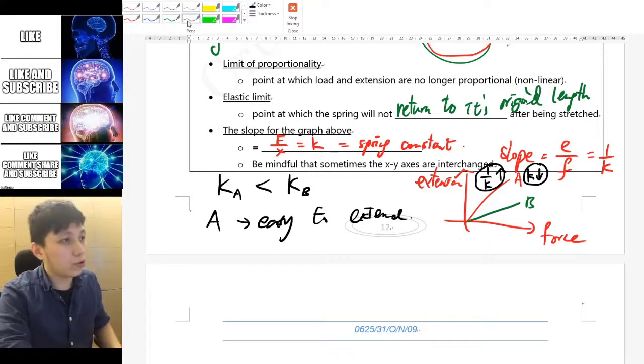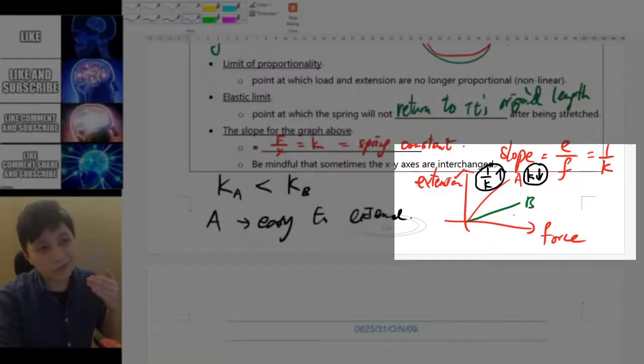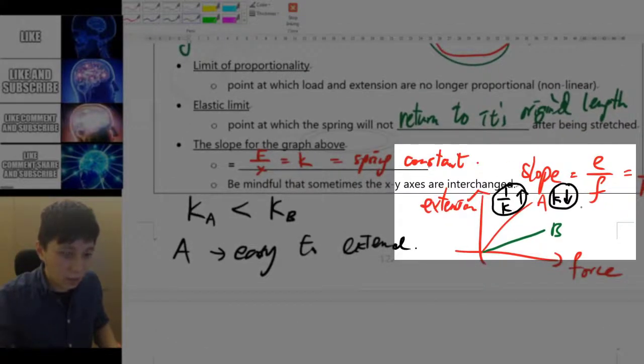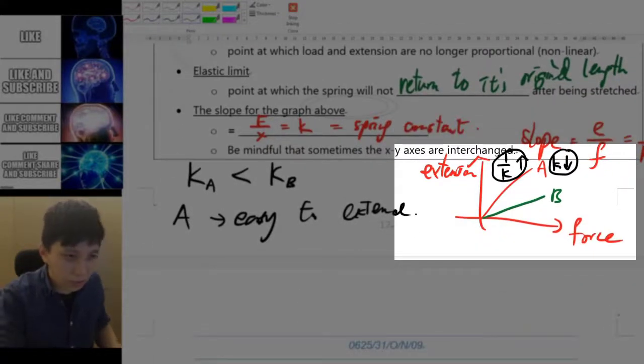The other approach which you can do is just simply look at the graph. Let me zoom in a bit more. You just have to look at, say, the same force, so I just randomly draw a vertical line. That will mean it's the same force. So for example, this may be 5 Newton. And then you can look at the corresponding extension.